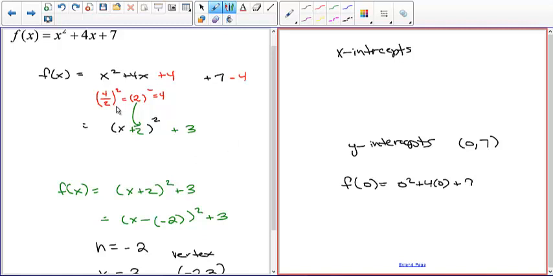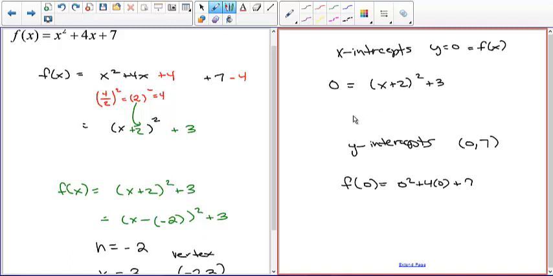Now the x-intercepts, it's easy, probably best to do it at this point. So there you're setting y equal to 0, or you're setting f of x equal to 0, same thing. So we just set this equal to 0. So you get 0 is equal to (x plus 2) squared plus 3.